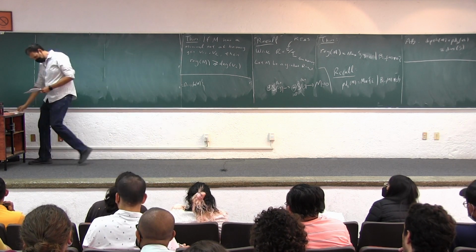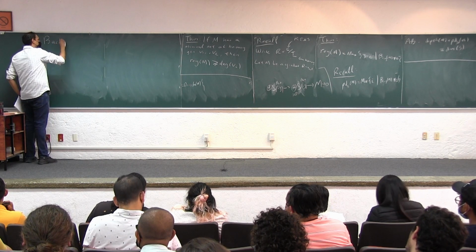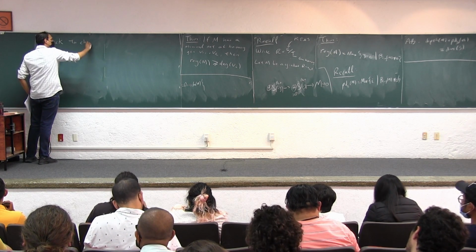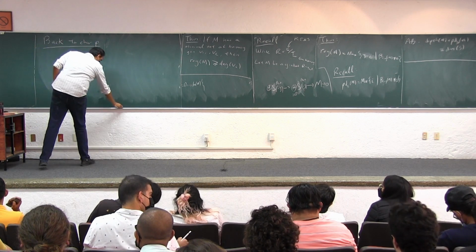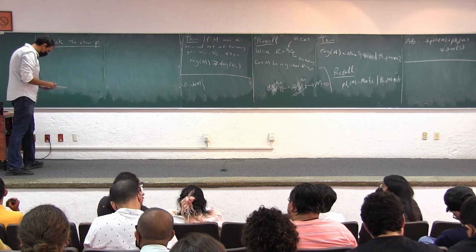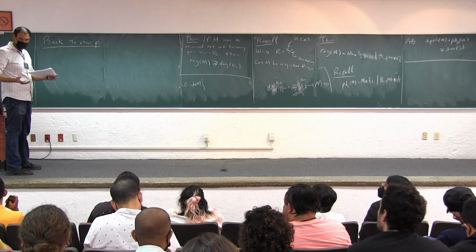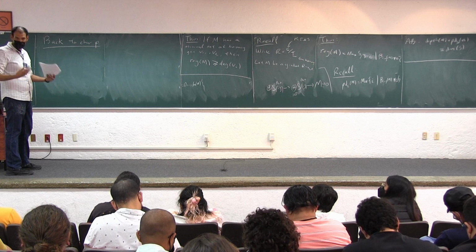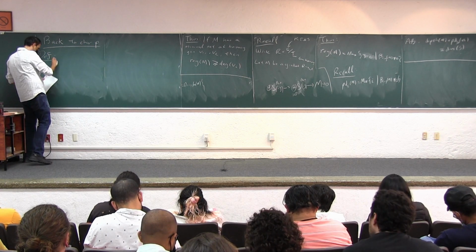Okay. So let's go back to prime characteristic. Now we're going to define a bunch of types of singularities using Frobenius, and then we're going to start discussing a lot of things about them. So, definition.